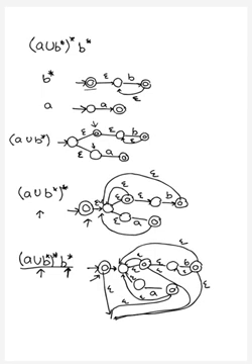What are all of these pointing at? All of these are pointing at B star. And so now we're going to draw B star here. So we're just going to add B star as is. Okay, and then we're done.